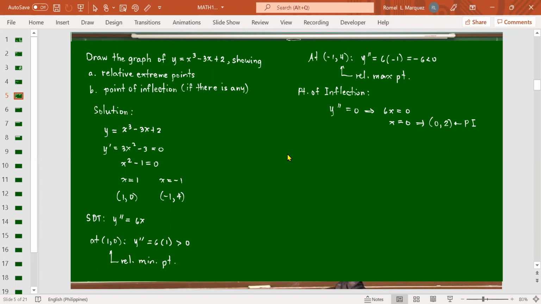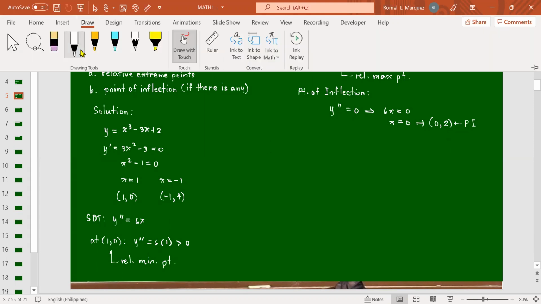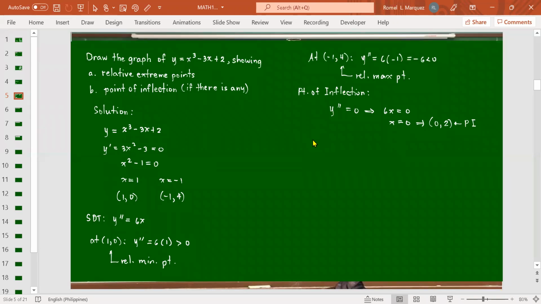So we're now going to draw the graph. The intersections with the x-axis and y-axis, you can just approximate if you don't want to solve. 1, 2, 3, 4.